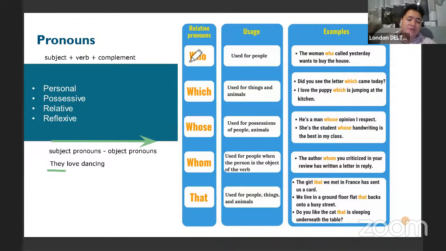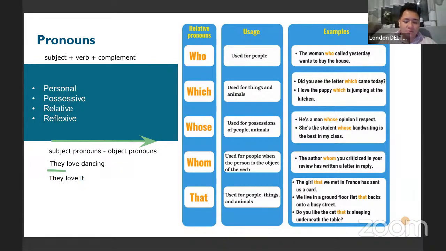So that's the key, right? When you say they love dancing, I can substitute dancing with it: they love it. What is it? It is dancing. So what is the difference between they and them?